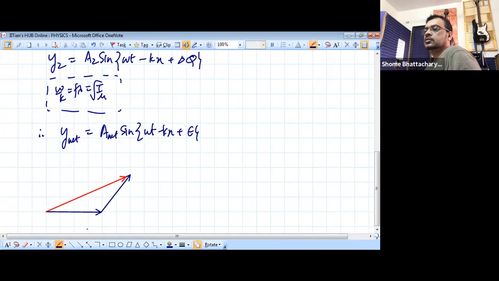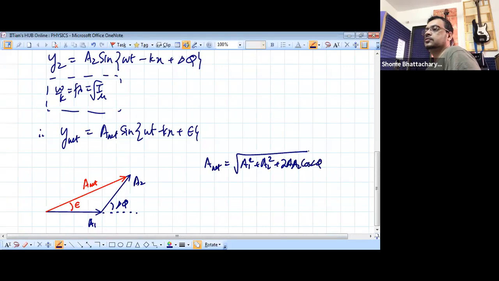If this phasor represents the first wave's amplitude, then the second wave's amplitude will be represented by a phasor arrow at a delta phi phase difference, and the resultant amplitude will become the third side of this triangle, and this will be the resultant wave's phase. So that A net is given by that familiar formula from vector algebra.